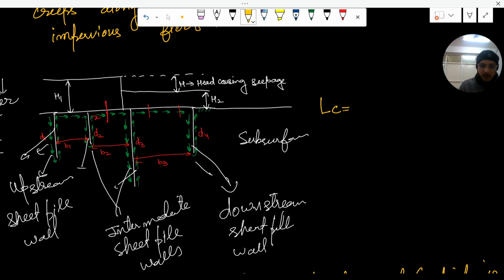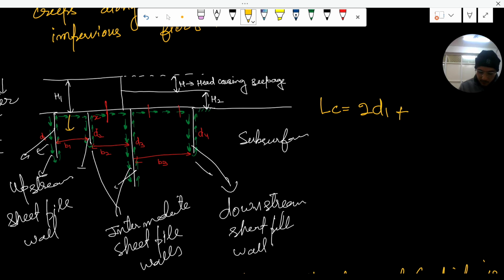As in the first assumption, we read that the percolating water will follow the base profile of the floor. So here it will percolate from the outer side of the upstream sheet pile wall, then go to the inner side of the upstream sheet pile wall. Then it will follow the horizontal flow, then go to the second pile, then the third pile, then the fourth pile. So like this, the water will flow. So this creep length will be equal to 2 times D1. Why did we write 2 times D1? Because D1 will be on the outer side and the inner side, so that makes it 2D1.